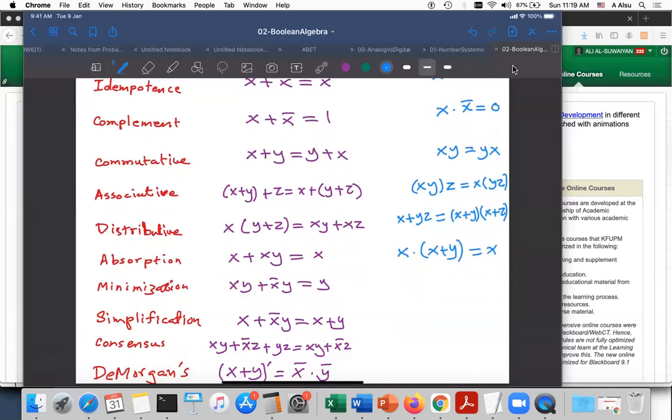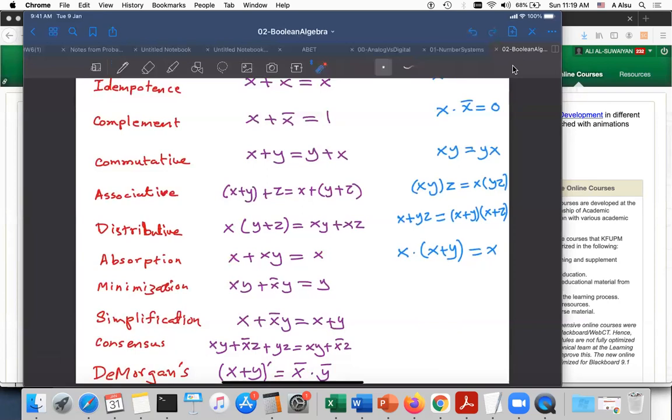However, if I ask you to minimize a given logic expression and you have a similar expression to this, then you can transform it to this and say in the justification, by absorption law.